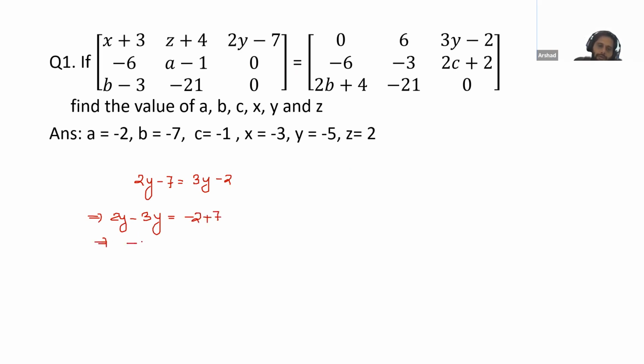So here we will get minus y is equal to 5, so y is equal to minus 5. Is this clear? Okay, so you are telling me the final answer, minus 5. Okay, then it's correct.